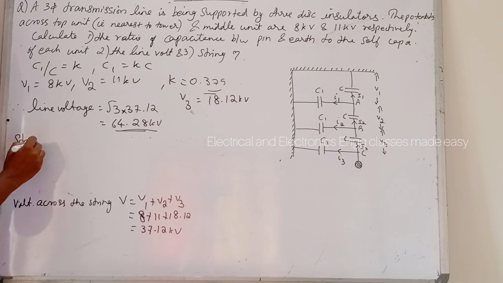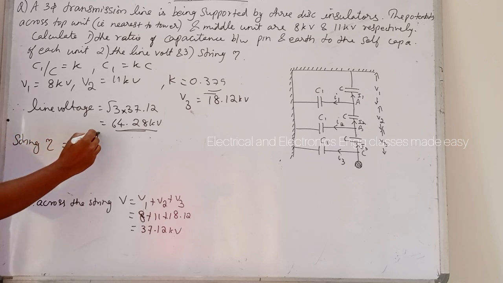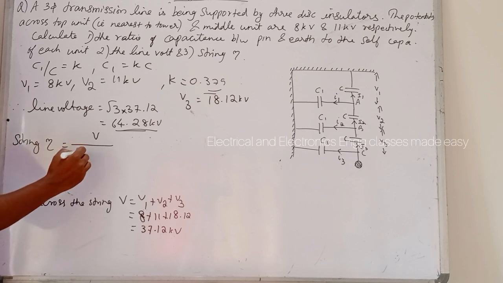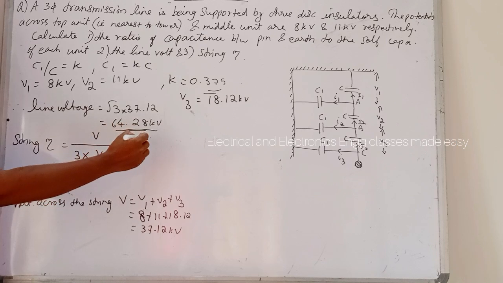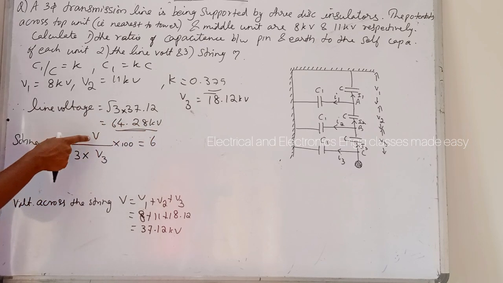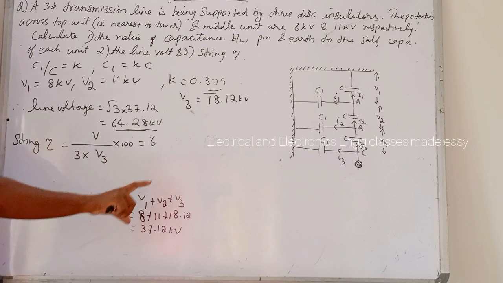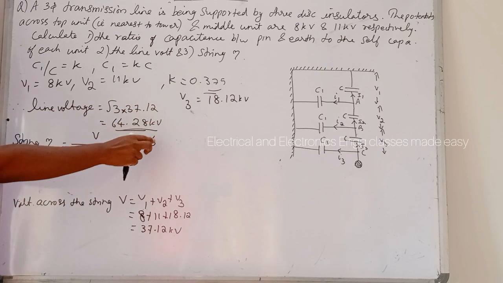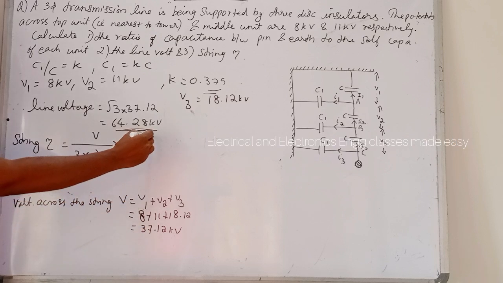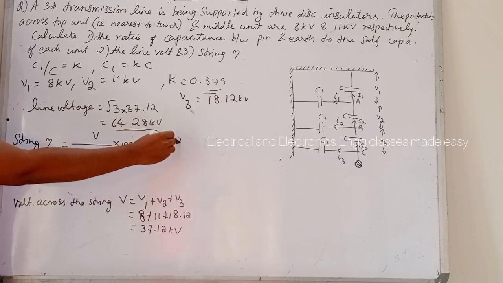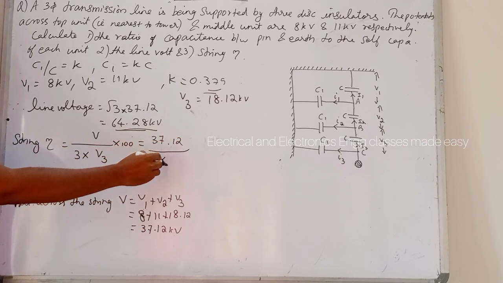Next question is to find the string efficiency. So string efficiency is equal to total voltage divided by number of discs into V3, into 100. And here total voltage is the voltage across the string, that is the phase voltage, that is 37.12 divided by 3 into V3.